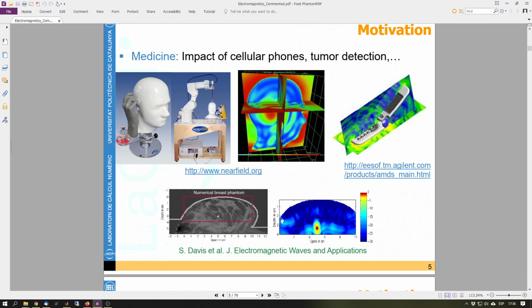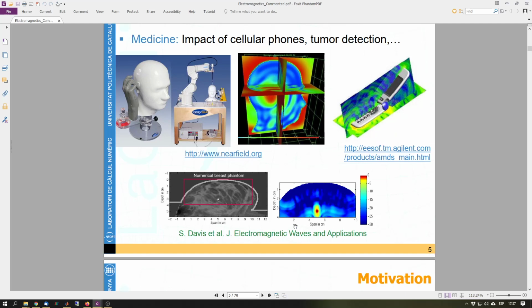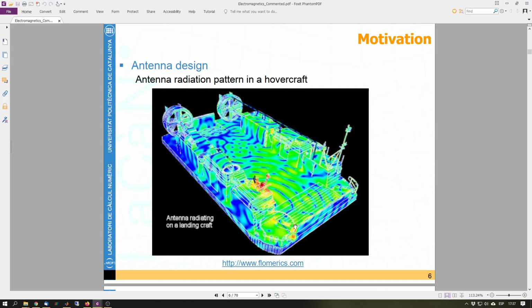This has applications in cancer detection or detection of any other tissues that have been modified mechanically, and they also perturb the electromagnetic field, and for this all the scanners are being used very often nowadays.